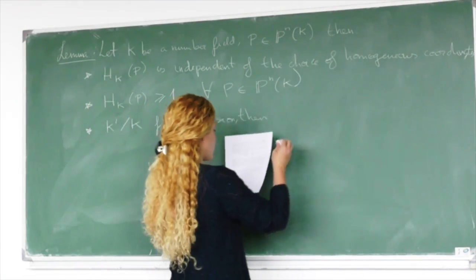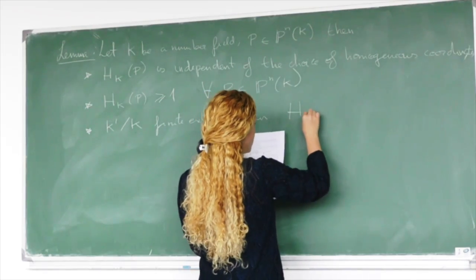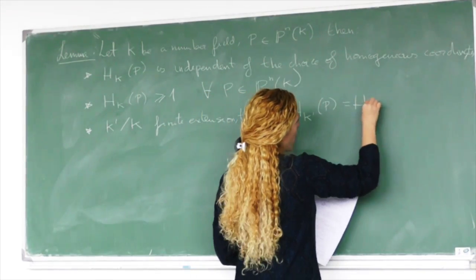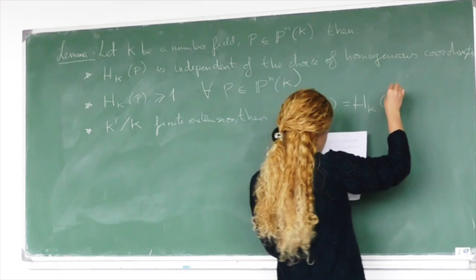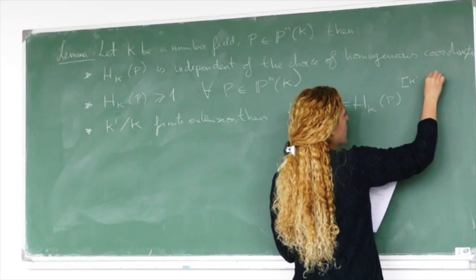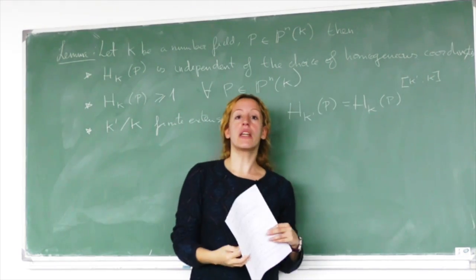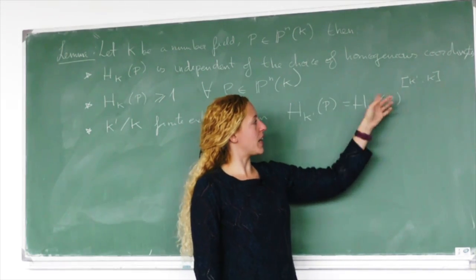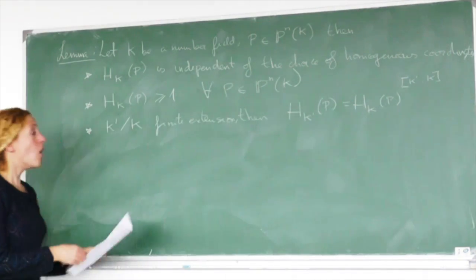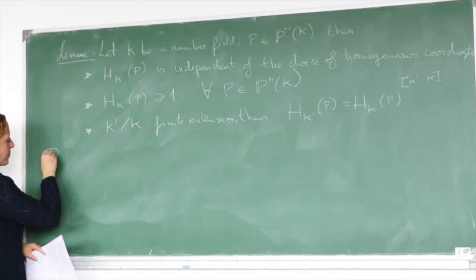And this relation is precisely this one. They are almost the same thing, except that here I have an exponent coming up. So the degree of the field extension K prime over K appears here. So we have the relations between the heights. Okay, so let's prove it.